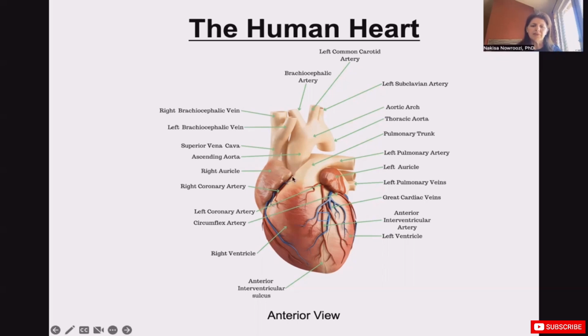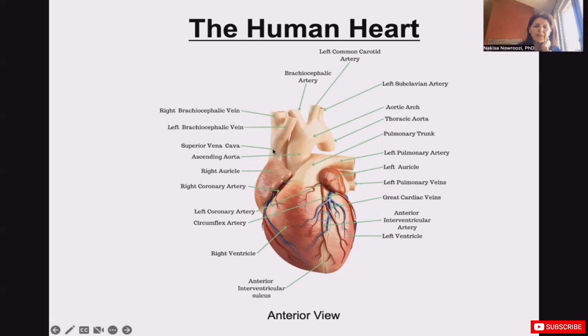We have this blood vessel called pulmonary trunk. Pulmonary trunk branches into left pulmonary artery and right pulmonary artery, which we don't see here in this picture. You have left pulmonary veins and right pulmonary veins, which are not seen in this picture.